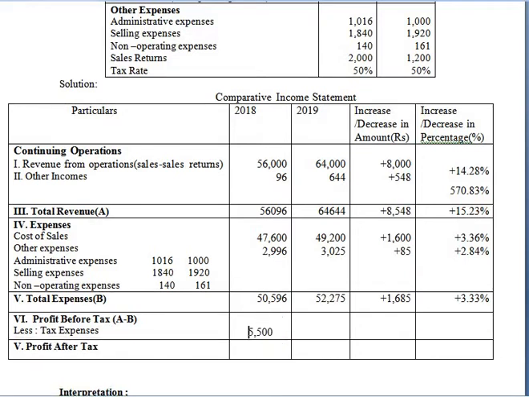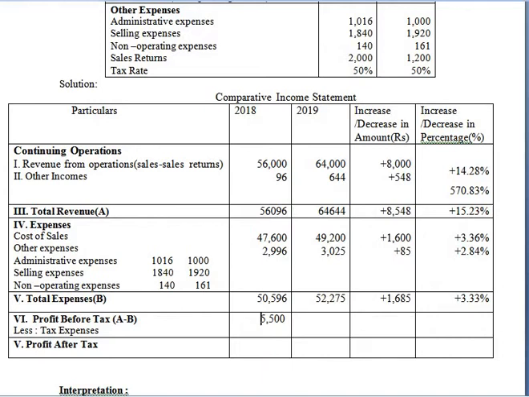Next, for 2019. Okay, what is the profit for the year 2019? 64,644 minus 52,275 is equal to 12,369.